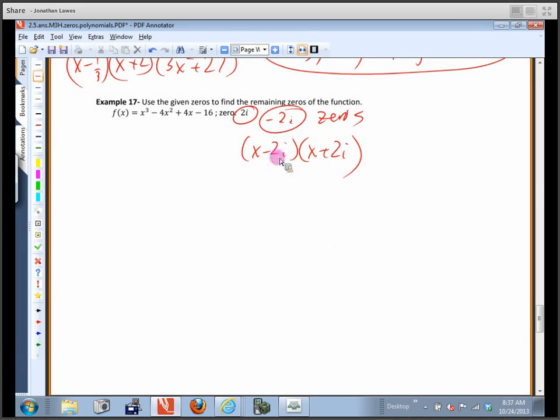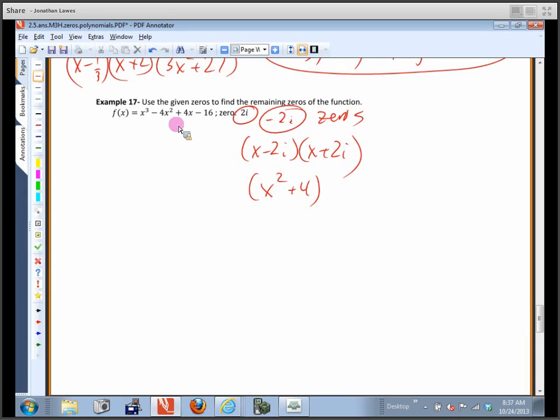Okay, listen carefully. If these 2 are factors of this polynomial right here, if I multiply these together, I'd get x squared plus 4. If these 2 are factors of this original polynomial, shouldn't this be a factor of that original polynomial? So can anybody think of how I'd get the depressed polynomial?